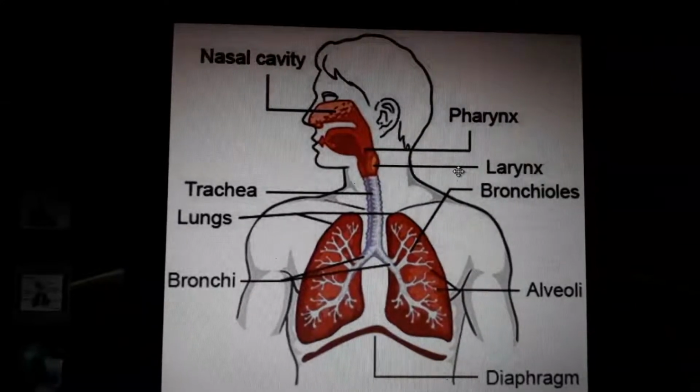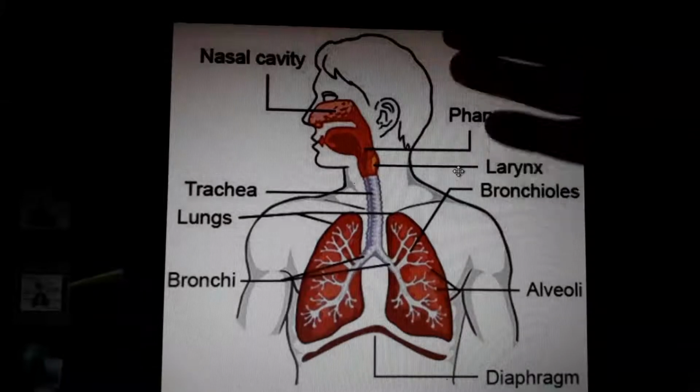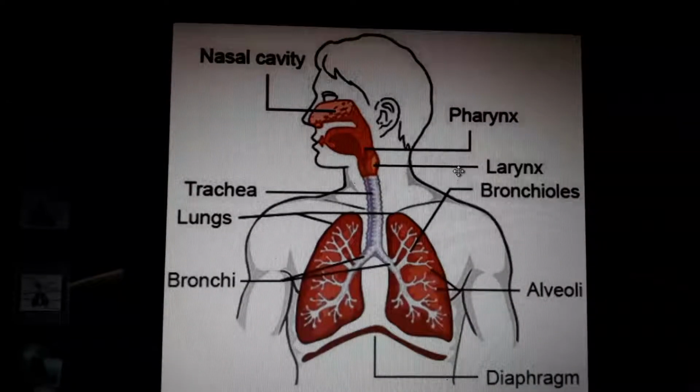If I draw all these parts on the board, it will look like something else, and you will feel that your internal organs are like that. To avoid that misunderstanding, this is actually how our respiratory organs look.